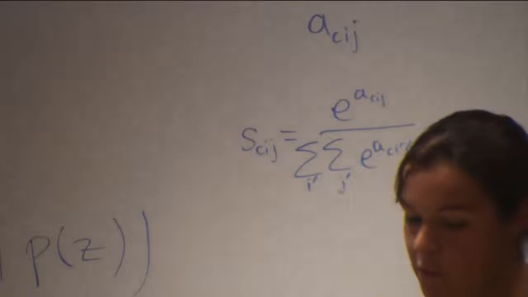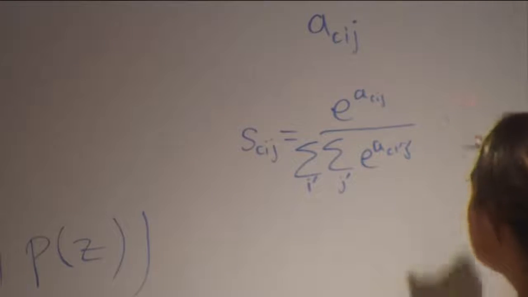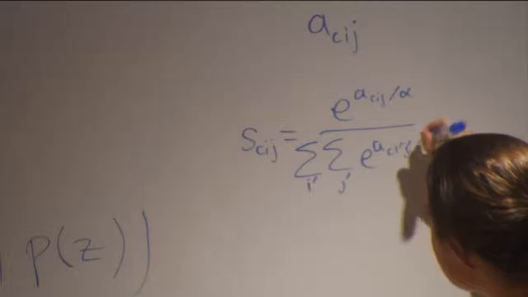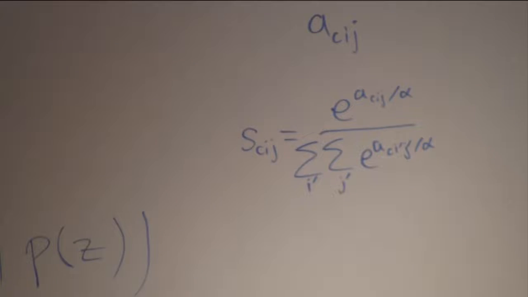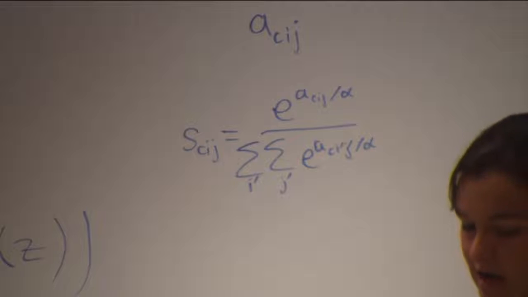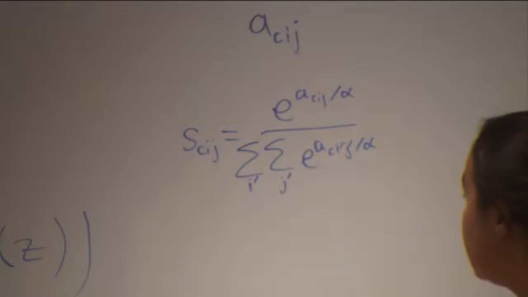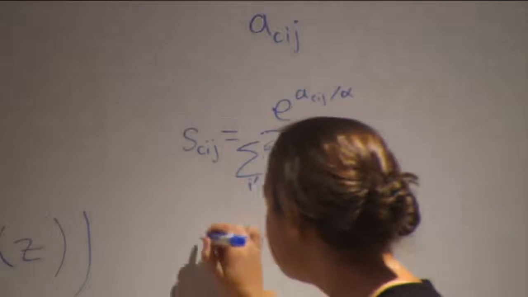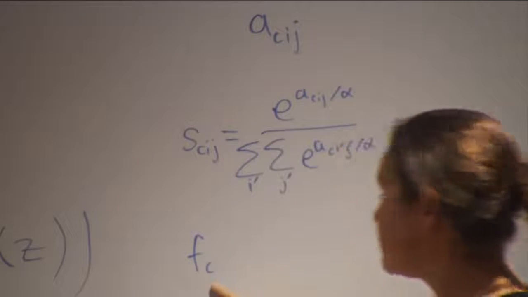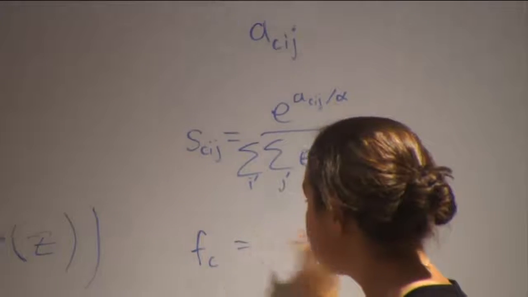Usually the softmax has a temperature alpha, which controls how sharp, how peaked that distribution is. Once you have the softmax, the feature corresponding to channel c is going to be an xy coordinate.